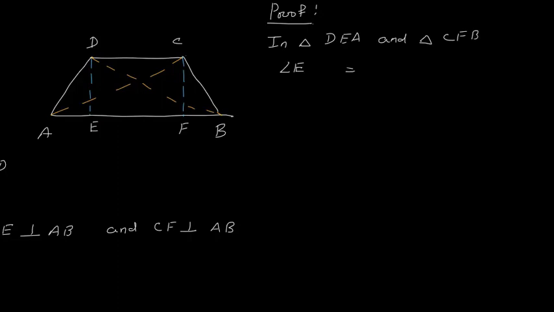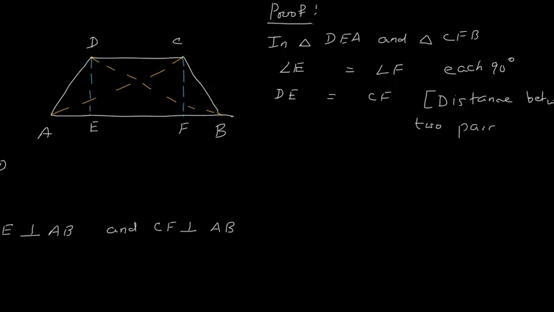angle E is equal to angle F, each 90 degrees. DE is equal to CF, the distance between two parallel lines. And AD is equal to BC.